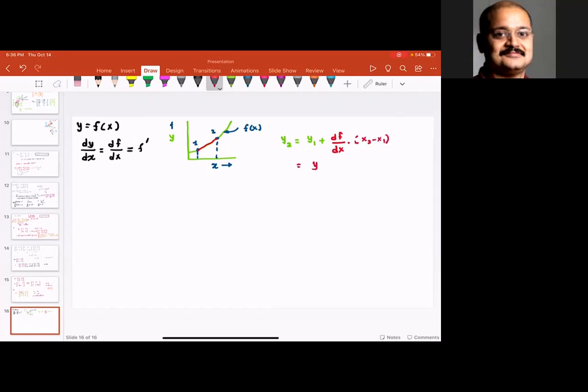This is nothing but y1 plus slope multiplied by delta x. Do you agree with me?